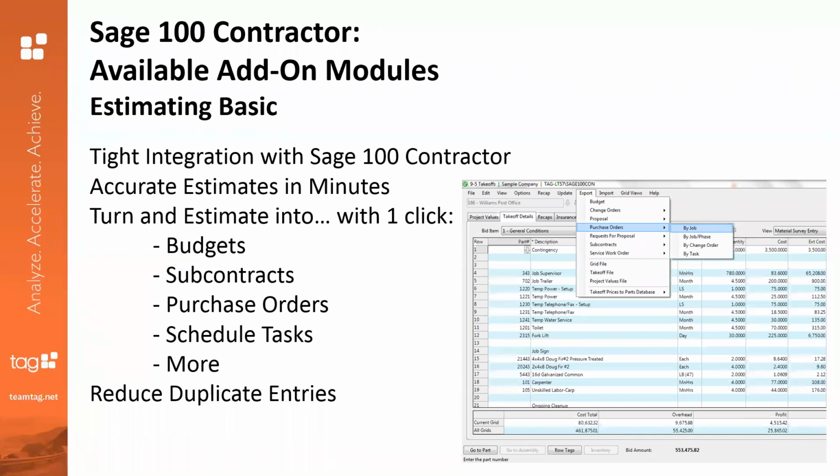You can create all of your subcontracts and purchase orders with one export, and you can also take your estimate and create your full project schedule with a Gantt chart and critical path. This integration will ultimately allow you to reduce duplicate data entry and allows you to just get started on the project, jumpstart production immediately.